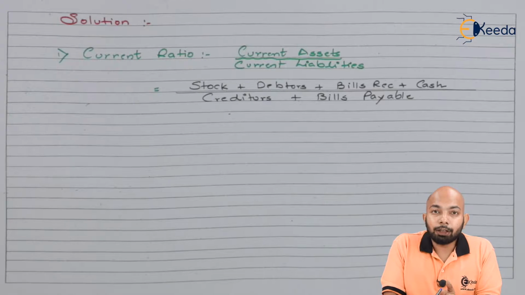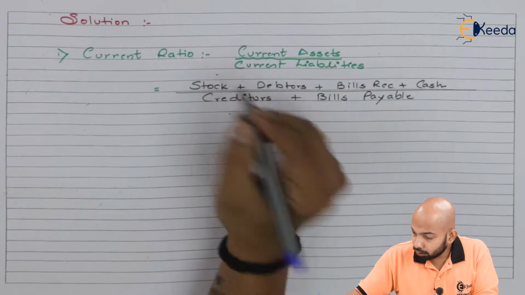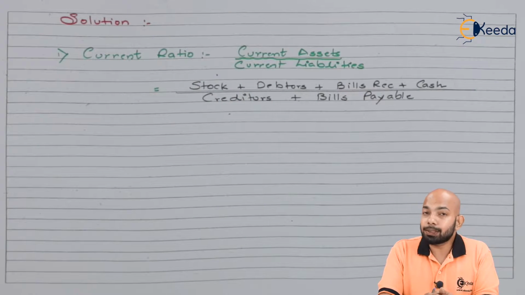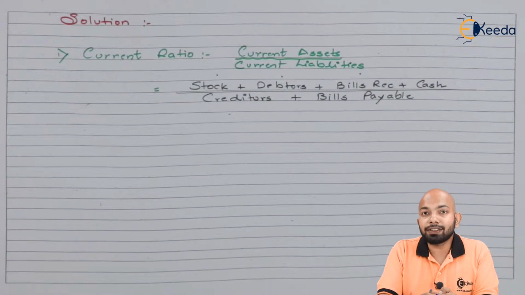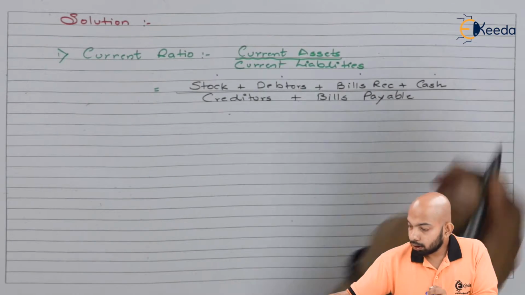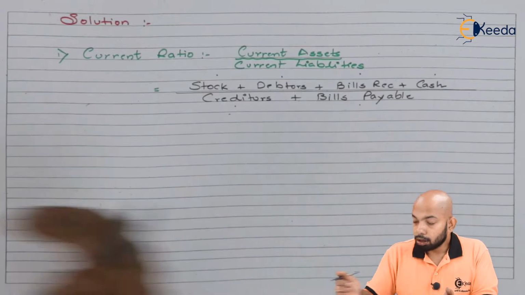Under current assets, we have four items as per the balance sheet that was given to us. We have stock, debtors plus bills receivable, and the cash balance. And for current liabilities, we have creditors and bills payable. That's a simple thing.